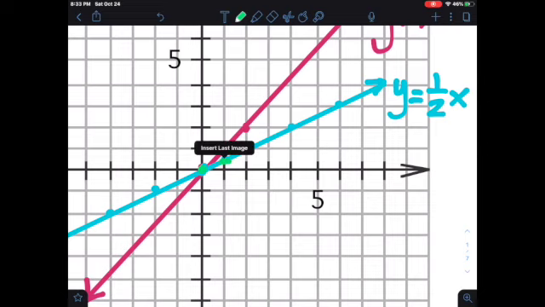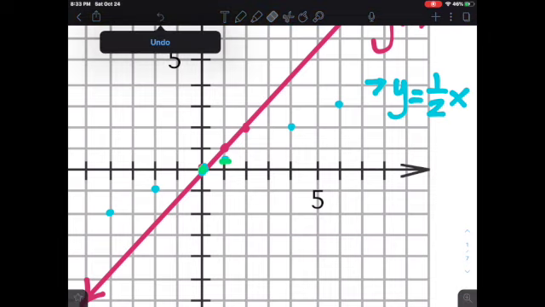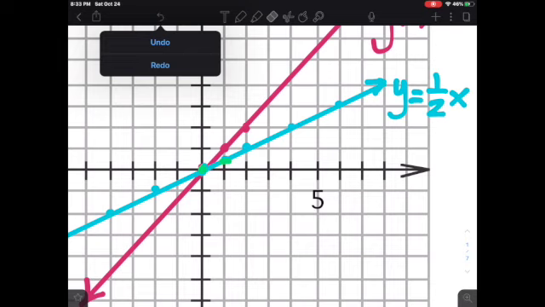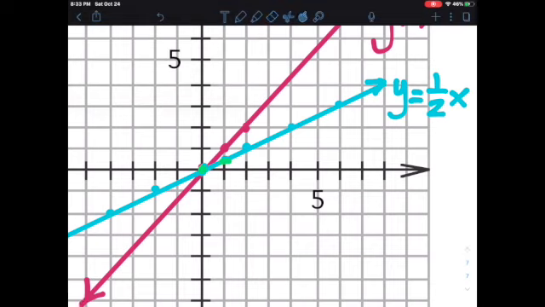And then the next point is 2 and 2/3, which is going to be right here, a little bit higher up. And think about it, if you pick 3, that's actually at 1.